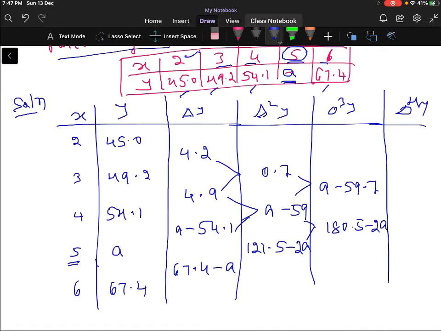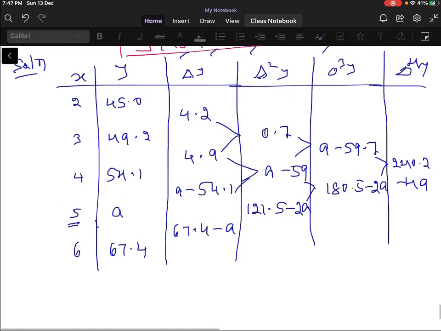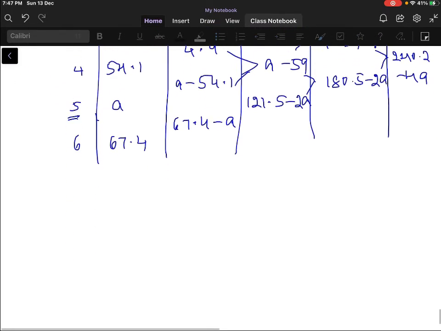Now let us move to delta 4 y. So difference of these two, that is 240.2 minus 4a. So this is the forward difference table.